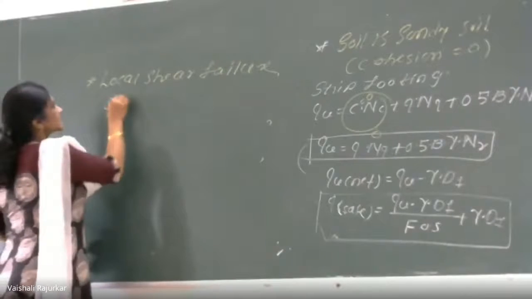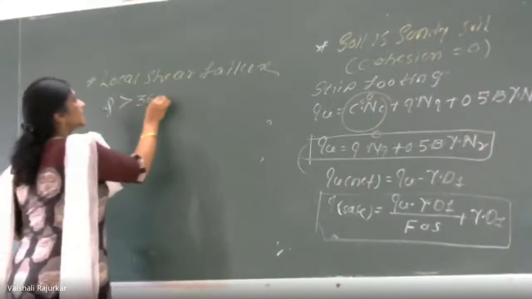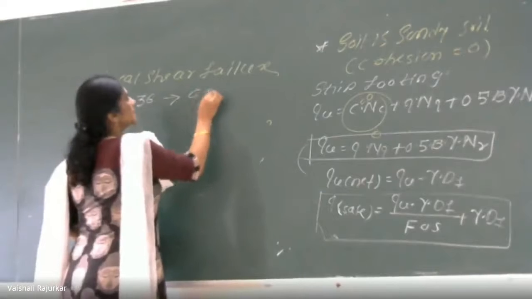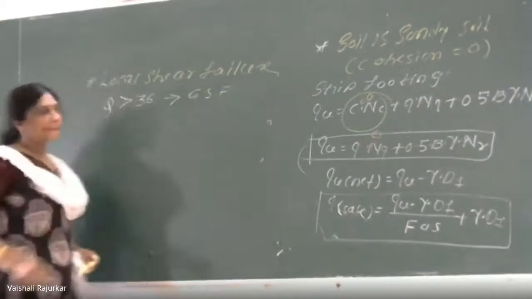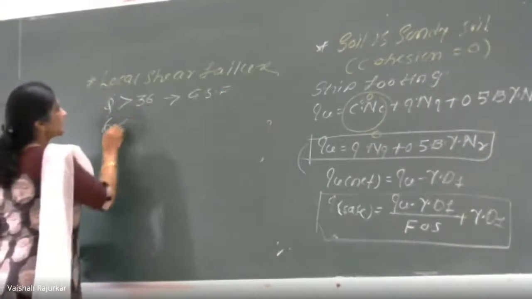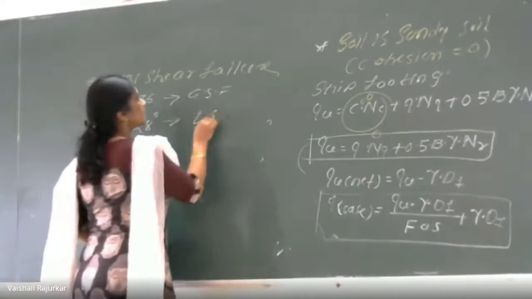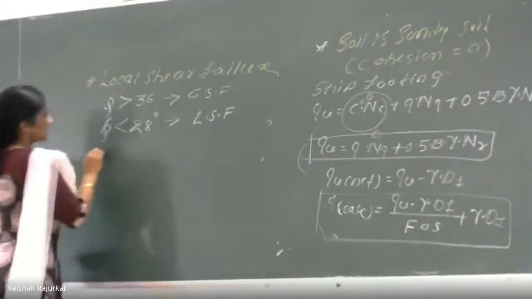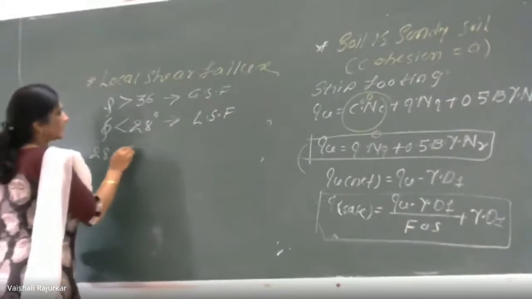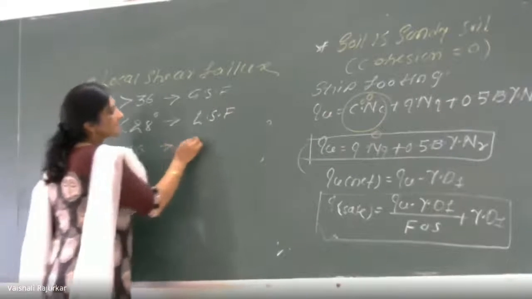When phi is greater than 36 degree, it is considered to be the general shear failure. When phi is less than 28 degree, then it will be considered as local shear failure. And when the phi is in between 28 to 36, it is considered as mixed failure.